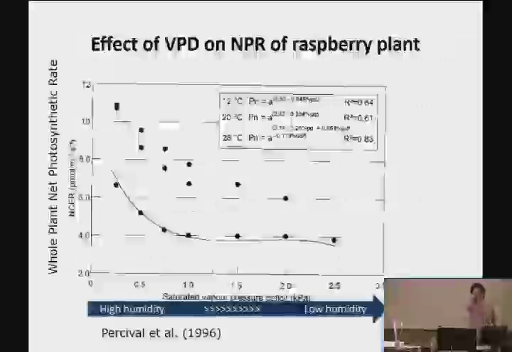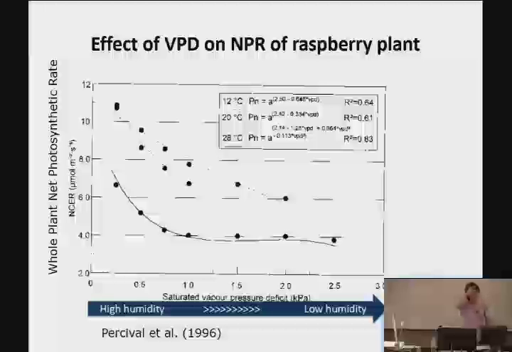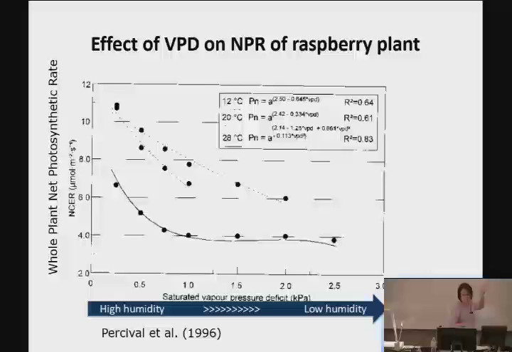Plants are very sensitive to humidity, and this one is the net photosynthetic rate responding to humidity. And again, this is through the stomatal closing. The humidity is declining from left-hand side to right-hand side on the x-axis. So high humidity to your left, low humidity to your right, and this is the net photosynthetic rate of raspberry plants under controlled environment.